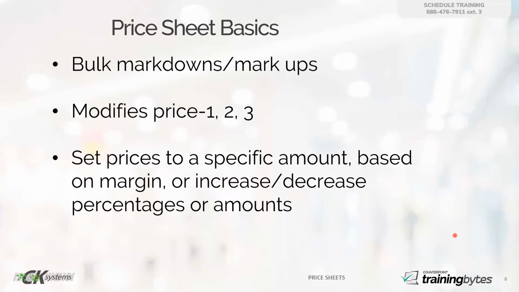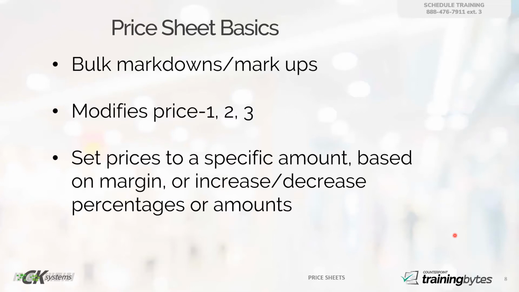When it comes to price sheets, there are some basics. It's for bulk markdowns or markups, because some people in the denim business have to mark up. You can modify your price level 1, 2, or 3. Most people only use price 1, but I do have a handful of clients that use the other 2 price levels as well. People who have wholesale customers might use price level 2 for wholesale customers.